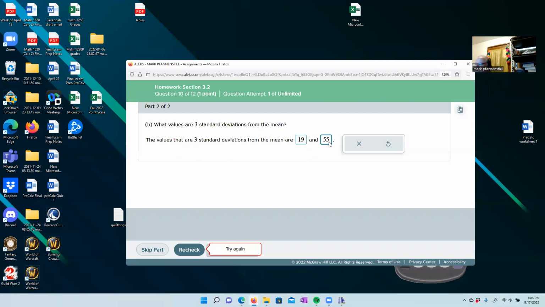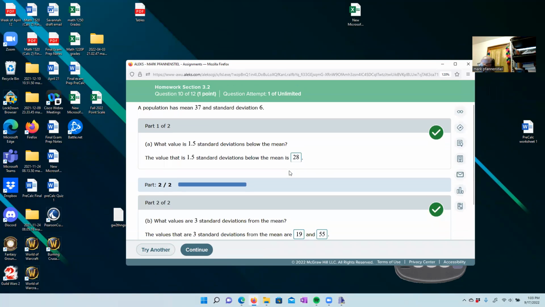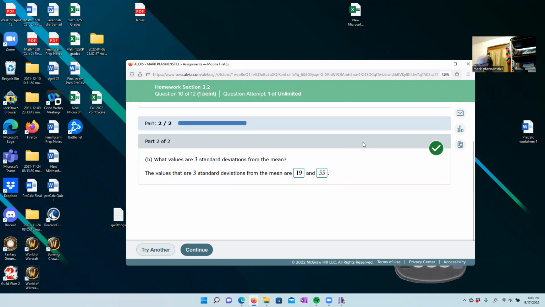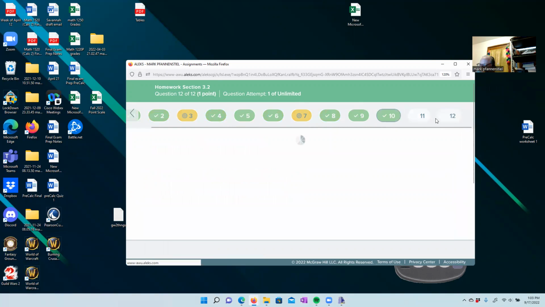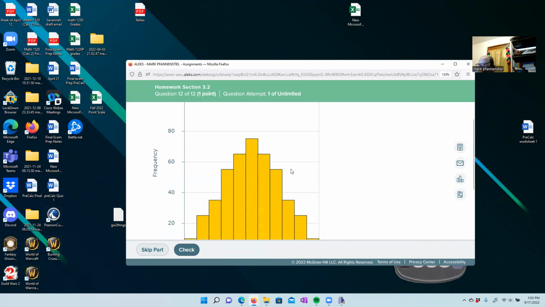Okay, so there we go. We'll recheck. Okay, that looks a lot better. I like the green checkmark. So I got some work to do on my arithmetic. So sorry about that. Hopefully that'll work out a little bit better. I'll get more practice. You'll get more practice. And don't be afraid to use the calculator, especially on an exam, use the calculator. Okay, you don't have to do anything else with that.